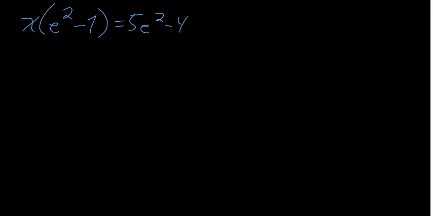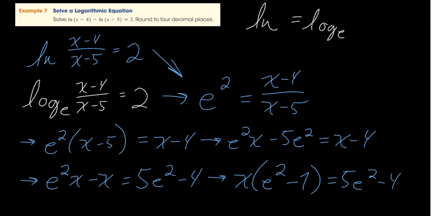Okay, so by isolating the x, we need to divide both sides by e squared minus 1. So we're going to have x is equal to, and this is just going to be fun to put into the calculator. Is this a 4 decimal place? Yeah.